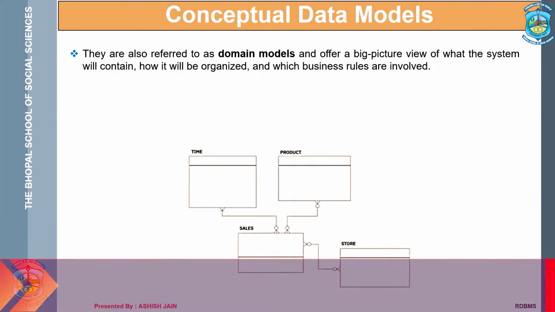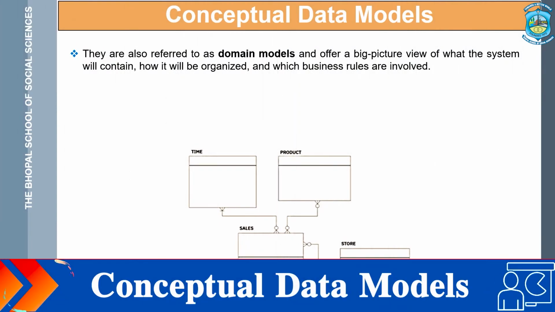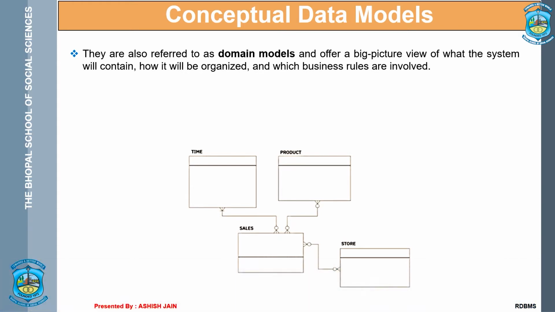Let's come to the conceptual data model. Conceptual data models are referred to as domain models because they are domain specific models. They offer a big picture view or the overall view of what the system will contain, how it will be organized, and which business processes or rules are involved in representing that.